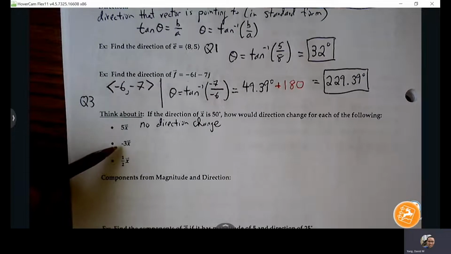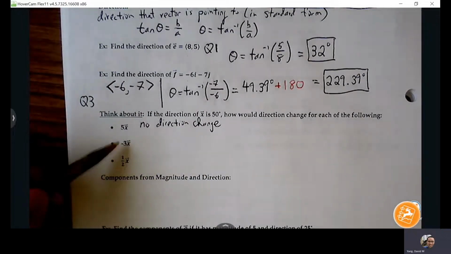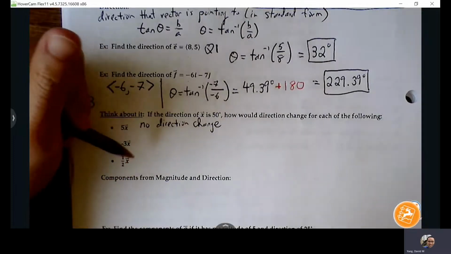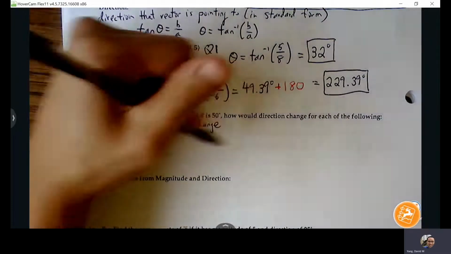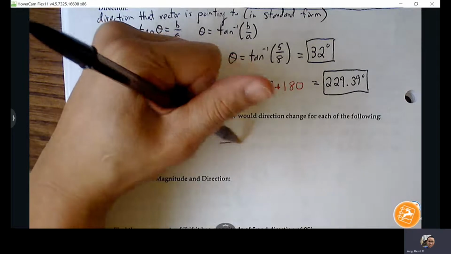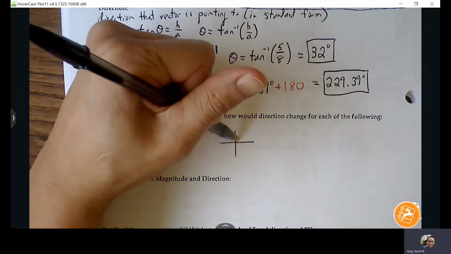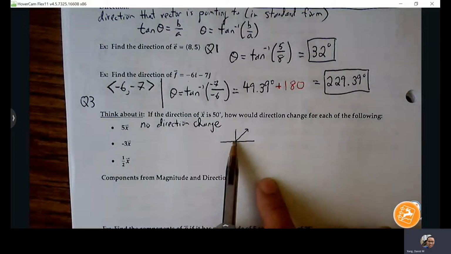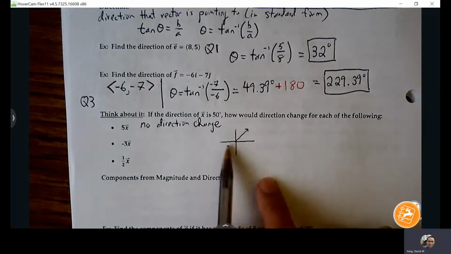Now, if I have a negative in front, a negative 3x, the magnitude is going to change, but it's basically going to be the exact opposite direction, right? So if something is pointing in 50 degrees here, then to find the opposite direction, we can either add or subtract 180.